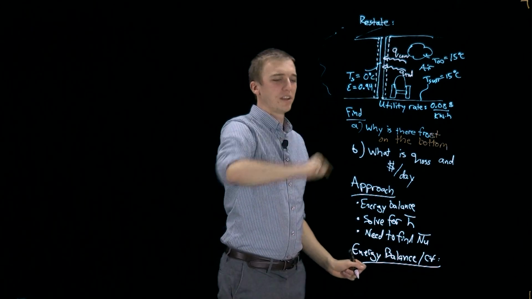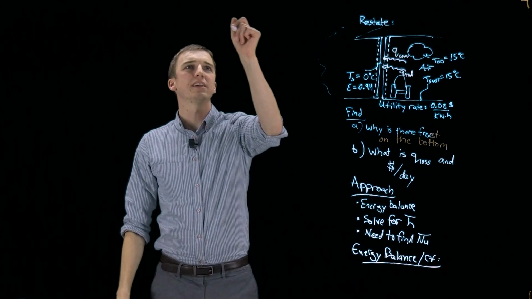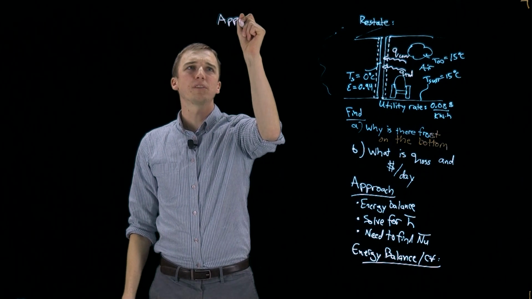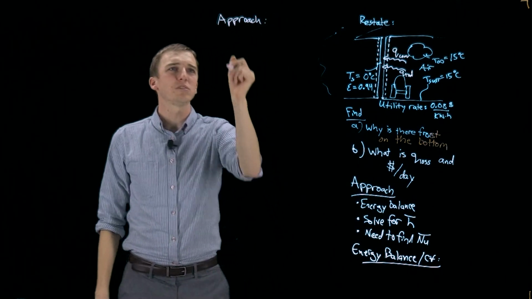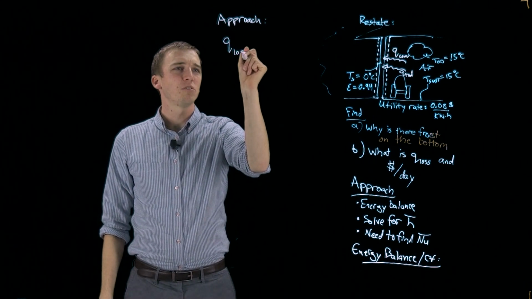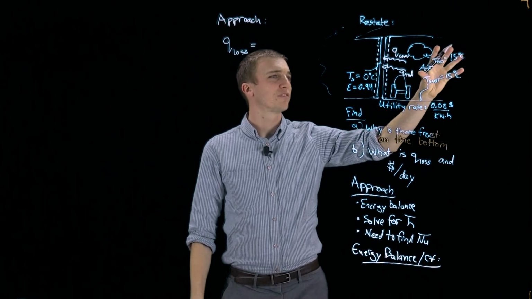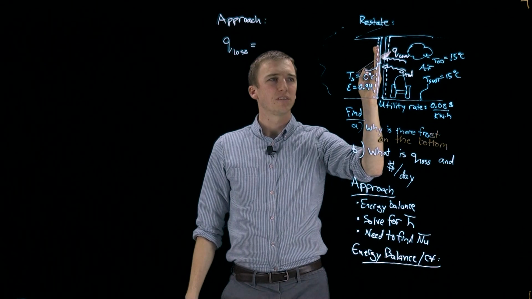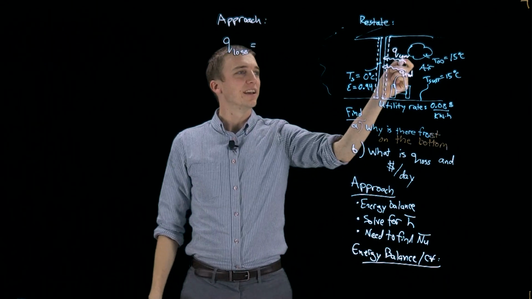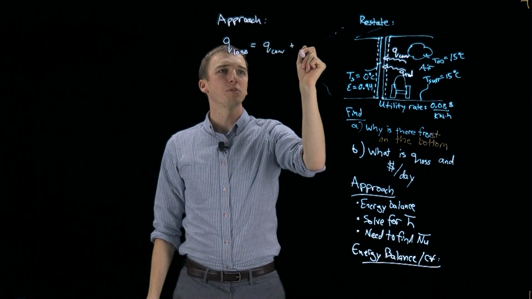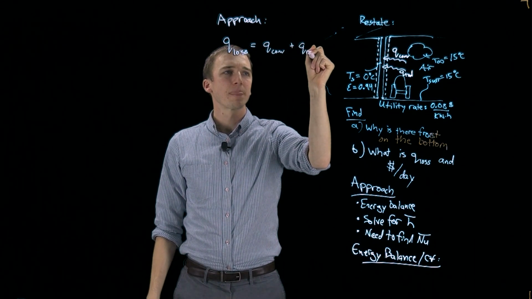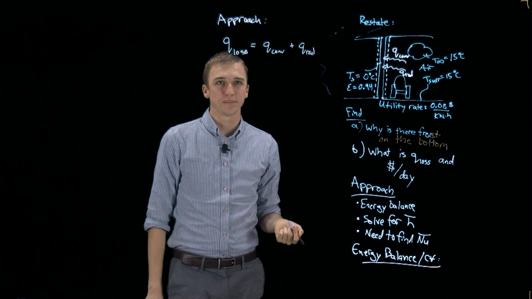So we're going to use those two things in order to find the total heat loss. So as our problem approach, we're going to say the total heat loss from our room into this window and then eventually outside is just equal to both of these terms. So the loss from the room into the window by convection and by radiation.